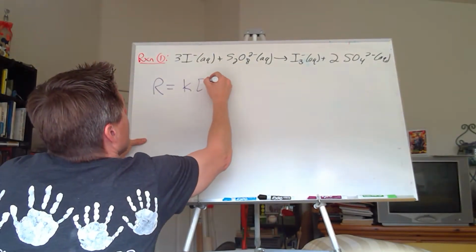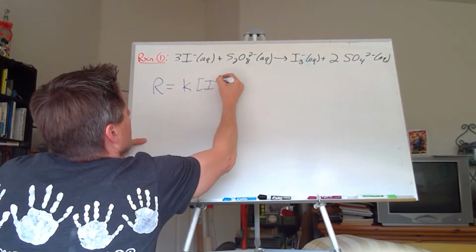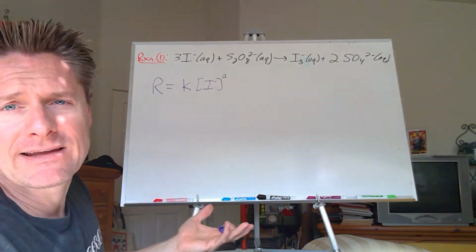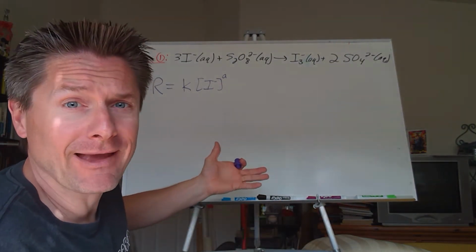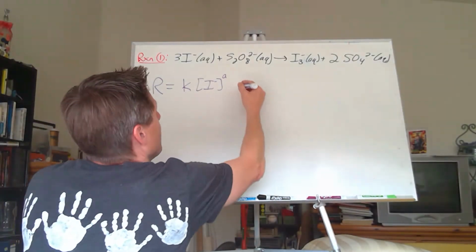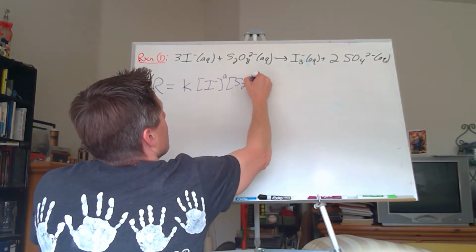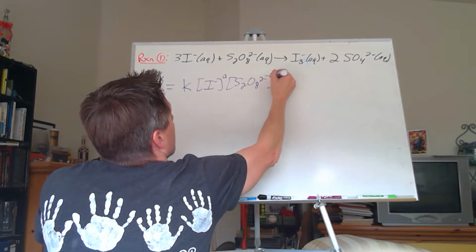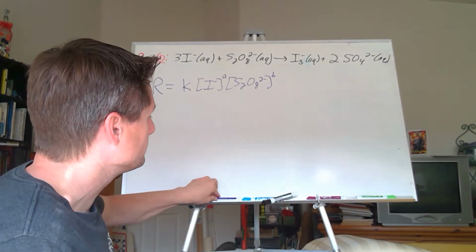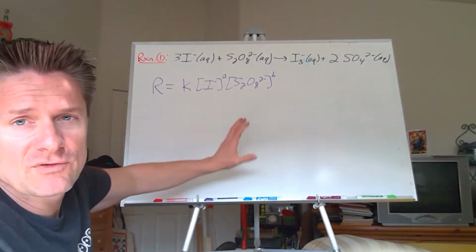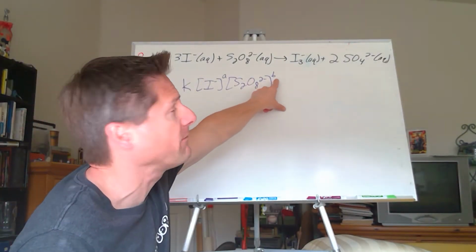So that's going to be the concentration of I- raised to some exponent. In lecture, I used N and M. In the lab, they use A and B. Who cares? X, Y, A, B, whatever you use, doesn't matter. Times the other reactant raised to the power of B. And that's what we're after here. So once we use our data, we're going to be able to solve for B.